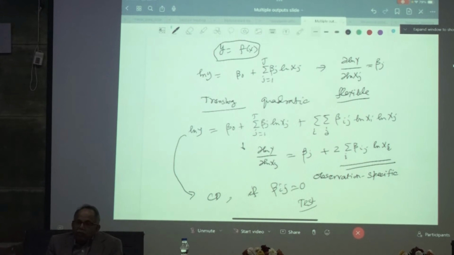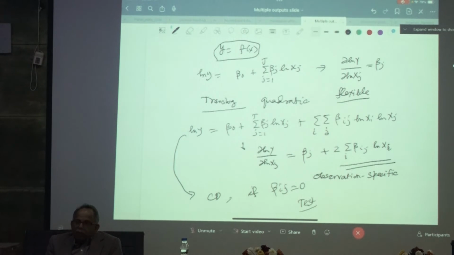That is a test you can use to find out what is appropriate. And people still do that. They use Cobb-Douglas for simplicity, but then they say that we also use translog, and they report results on what would happen if they use translog.